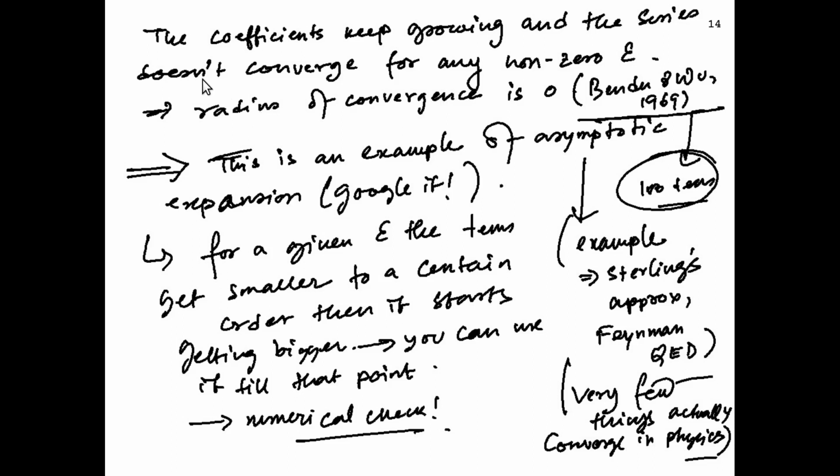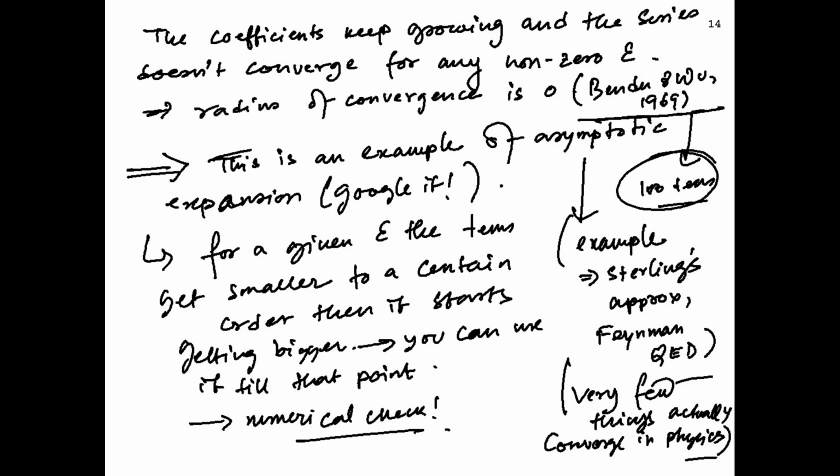So it turns out this kind of series has a radius of convergence 0, and these are called asymptotic expansions. You can Google this; this mathematics is known as asymptotic expansion. I don't know if I've already covered this in the infinite series part of your mathematics course.